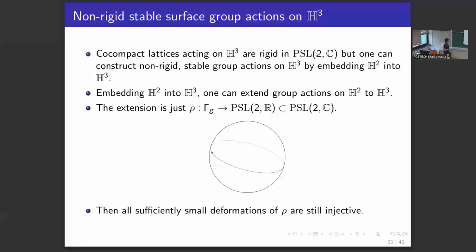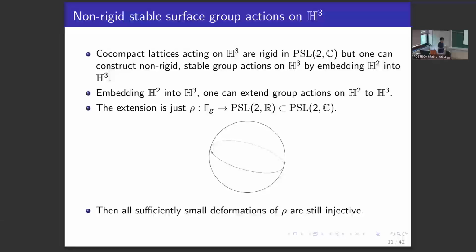So if you have a surface group in PSL_2(R), you can naturally embed it into PSL_2(C). Then H^2 is invariant under this surface group action, and so the gray circle is also invariant under this group action. So this action also stays stable.